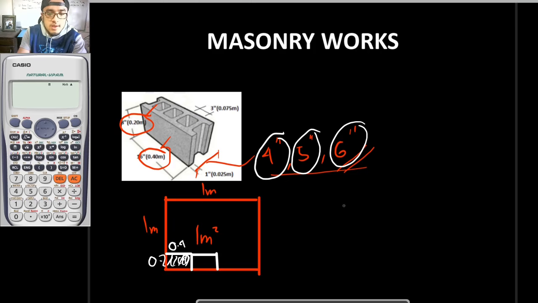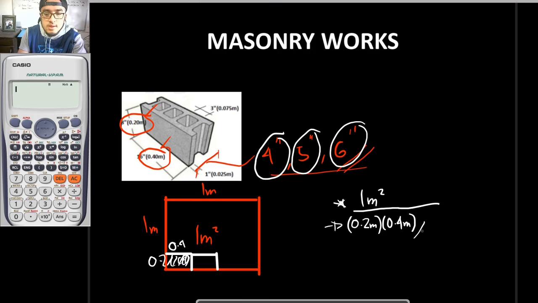So, with that being said, this would be 1 square meter divided by 0.2 meters by 0.4. So, that would be per piece. So, that would be the area per piece. So, meter square would cancel out.